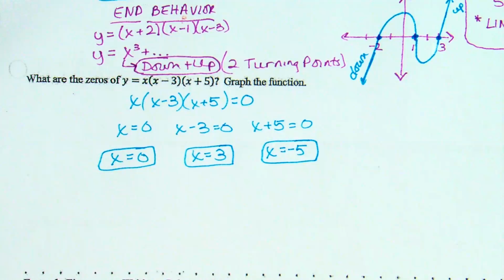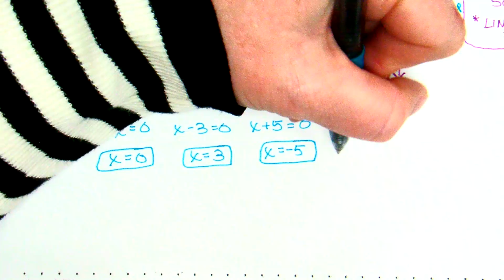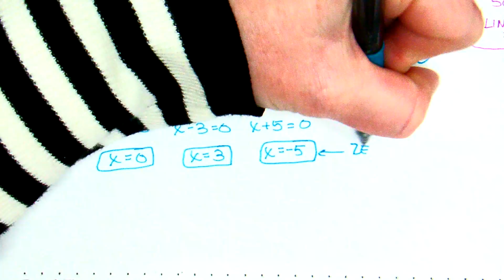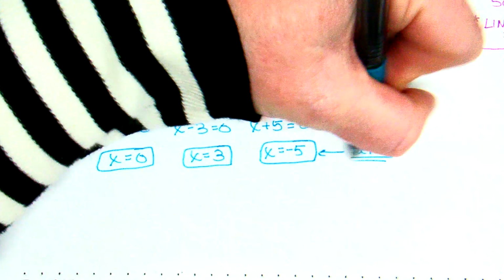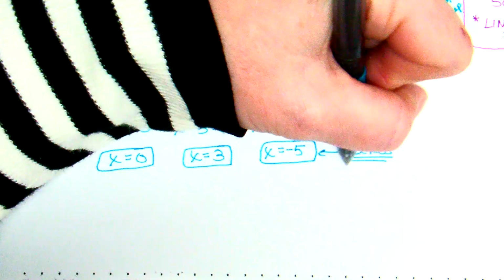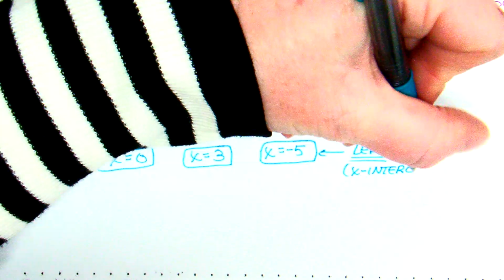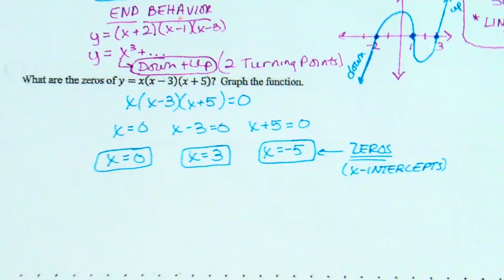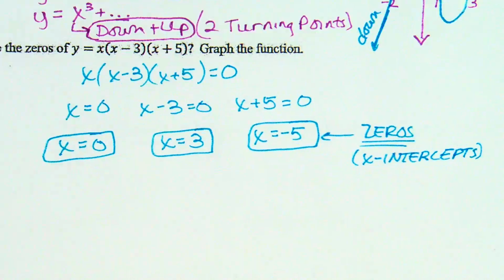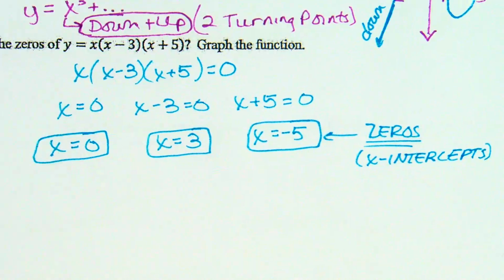What are these called? Zeros. Okay. These are our zeros. What are they going to be on my graph? X-intercepts. Okay. Because I want you just thinking about it and verifying it.